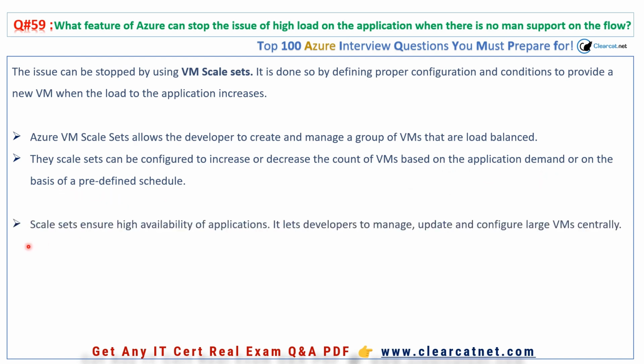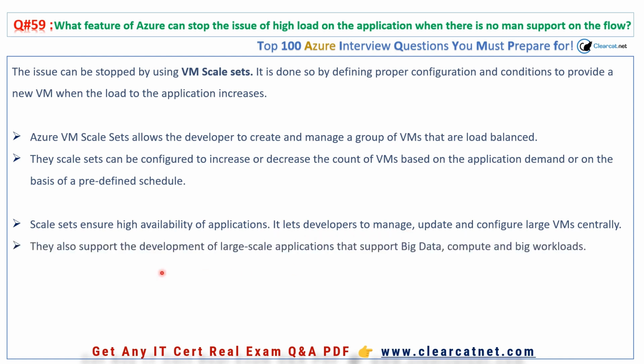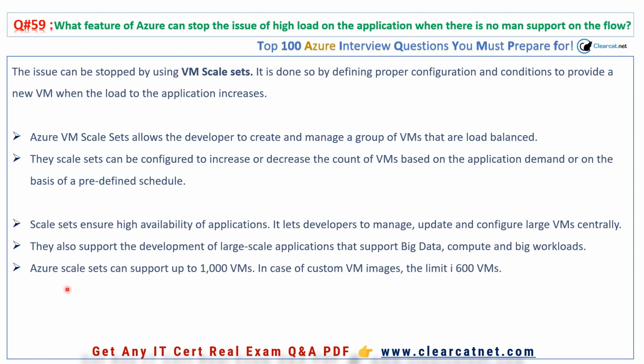They let developers manage, update and configure large numbers of VMs entirely. They also support the development of large scale applications that support big data, compute and big workloads. Azure scale sets can support up to 1000 VMs. In the case of custom VM images, the limit is 600 VMs only.